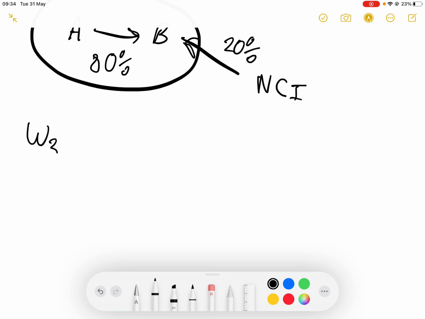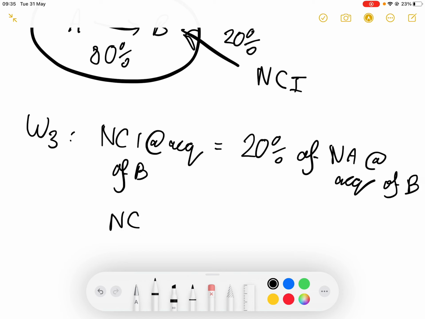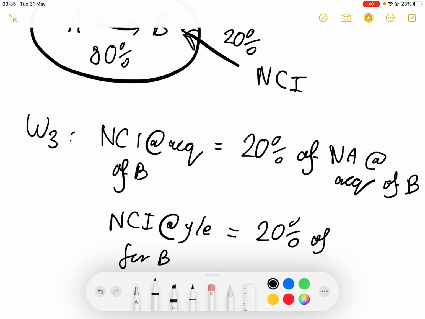Now, in working three, using the proportionate method, you'll know that NCI at acquisition is equal to 20% of net assets at acquisition of B. Okay, now it actually follows that NCI at year end for B is also equal to 20% of net assets at year end for B as well.